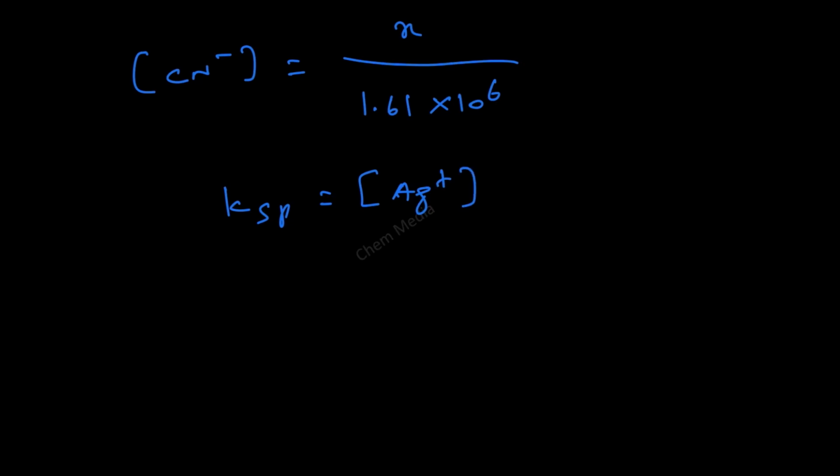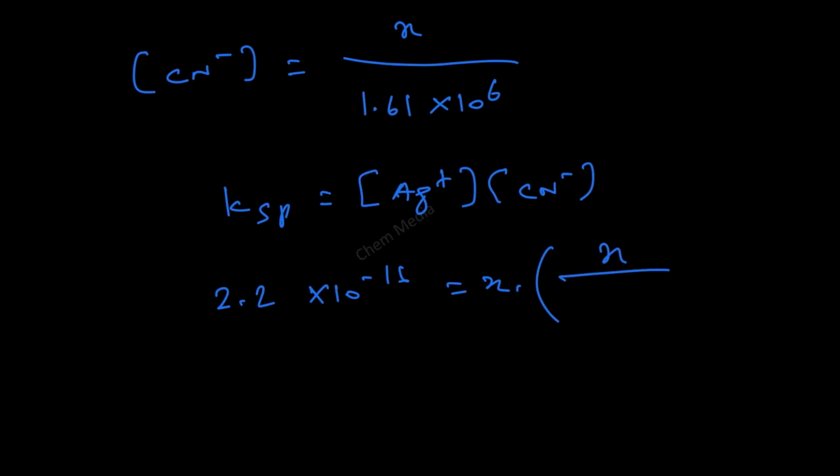So, therefore, concentration of CN minus is equal to X divided by 1.61 times 10 to the power 6, and Ksp is given as concentration of Ag plus times concentration of CN minus. So, therefore, 2.2 times 10 to the power minus 16 is equal to X times X by 1.61 times 10 to the power 6.